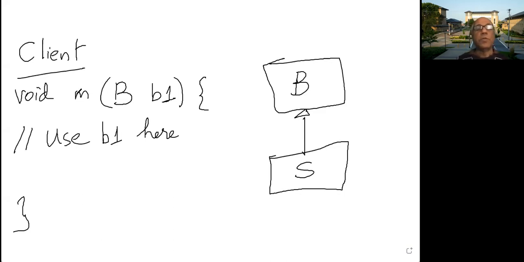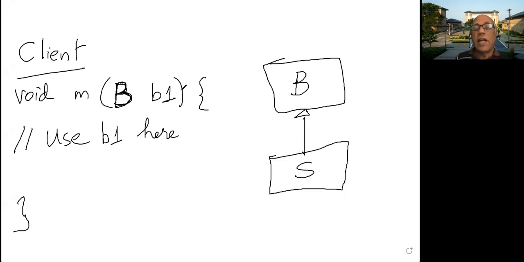Okay, so I'm using an object of type B, at least the declared type. B1 is declared as B, right? This B1 has the declared type of B. And I'm using methods of B1 here to do some computation. It's not important what that computation is.